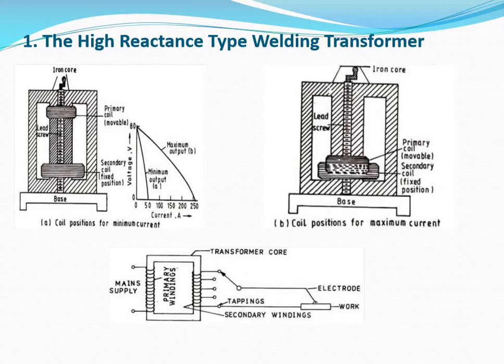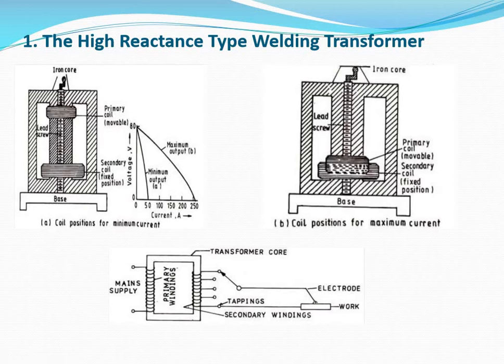The variation of the transformation ratio can be done by bringing in or out of the circuit the requisite number of turns, as shown here. Here the tappings are shown on the secondary side. If we change the tapping here, the number of turns in the secondary winding can be changed so that the transformation ratio can be changed.